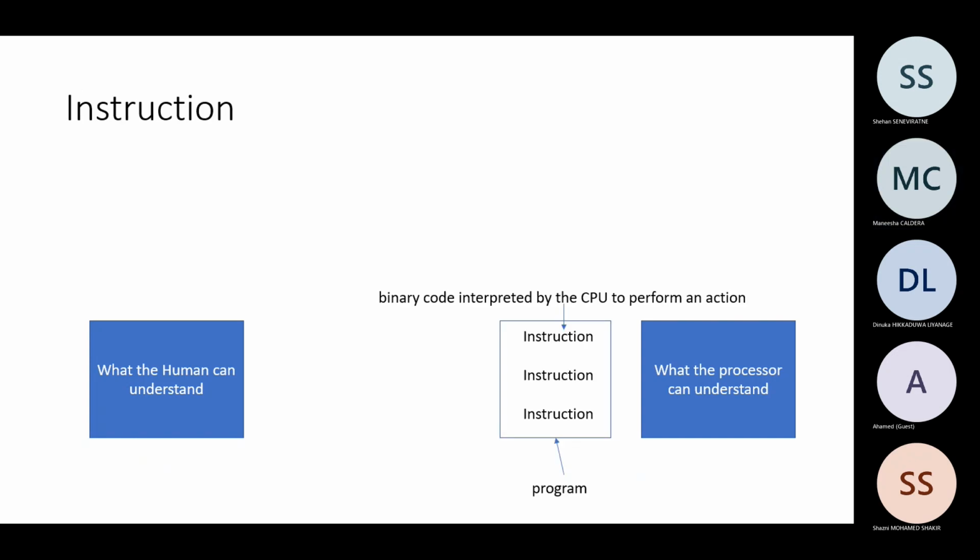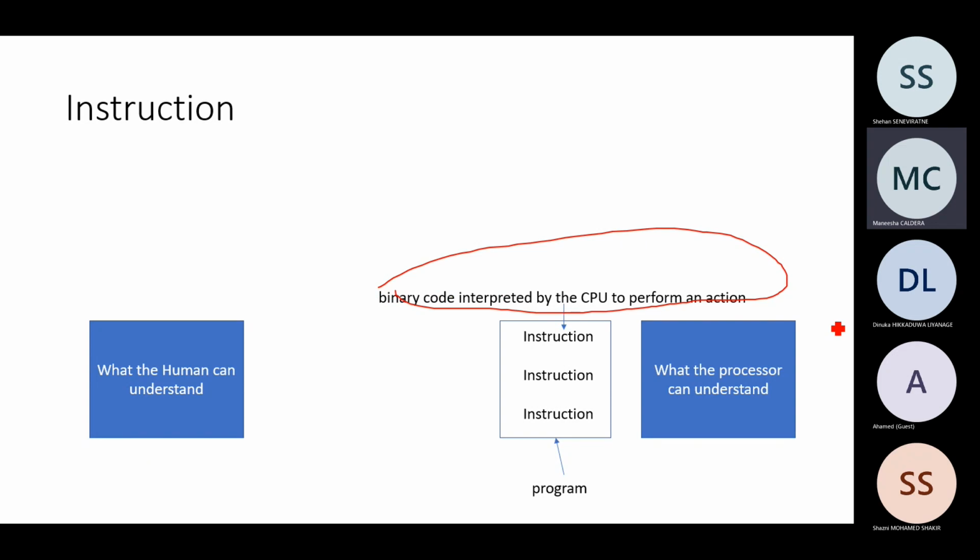Basically, the initial implementation was instructions. I think you have a good understanding of instructions. We have heavily discussed in the last few weeks what an instruction is, but today we are going to discuss it a bit further. In simple terms, it's a binary code interpreted by the CPU to perform an action. So an instruction is something that is interpreted by the processor.